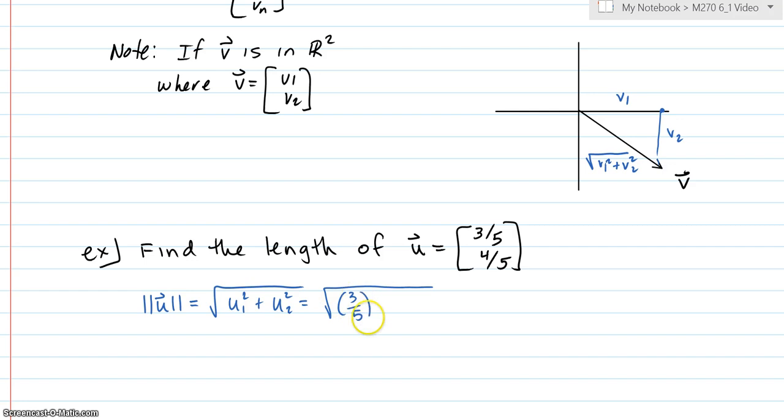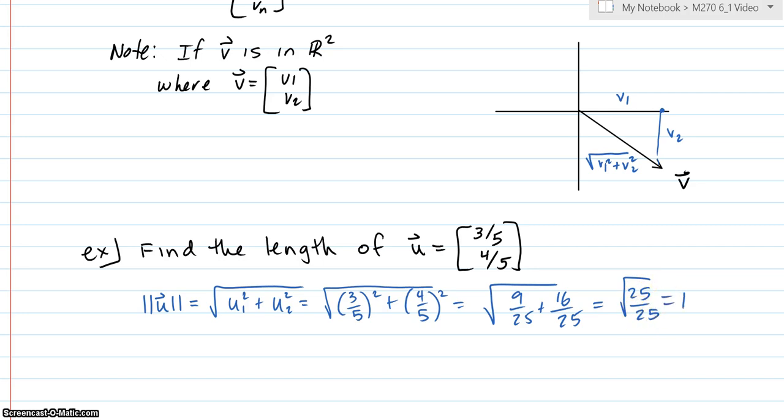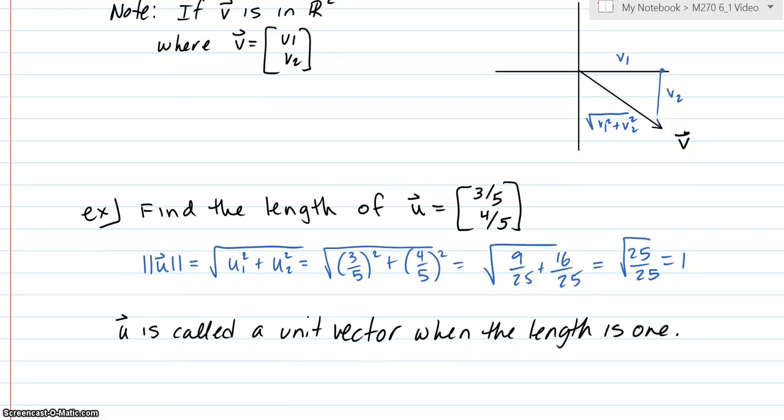You can see it's going to be a scalar. If I square that, I get 9 over 25 plus 16 over 25, which, by the way, is 1. The length is 1. They call this a unit vector. So a vector is called a unit vector when the length is 1.